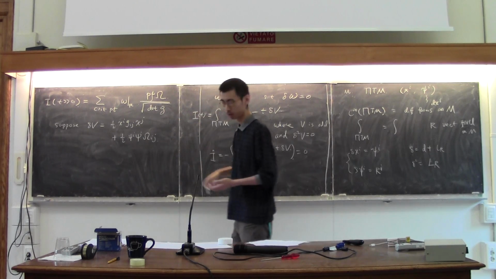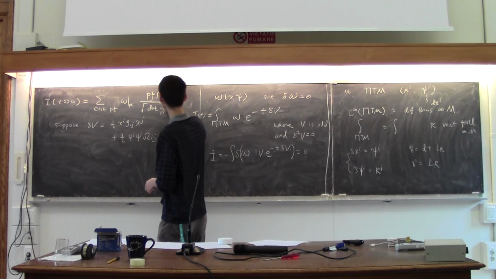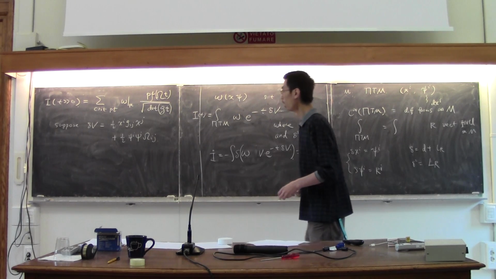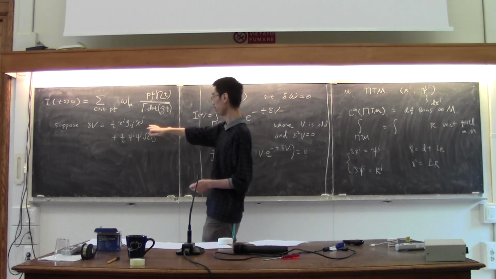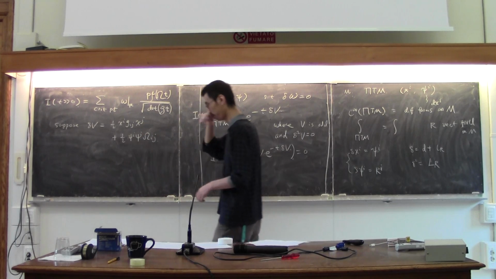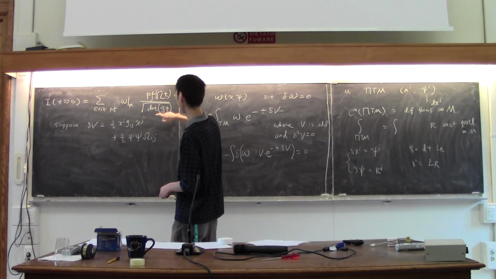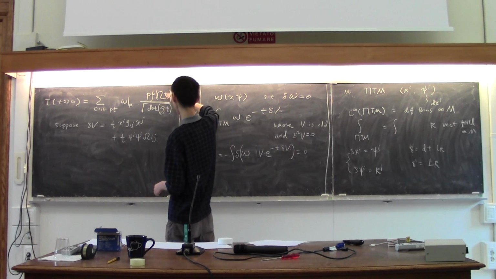So it's the square root of the determinant of the metric and then the Pfaffian of omega. And then a simple dimension counting will tell you that actually the power of t is the same on both sides, so we can remove it.